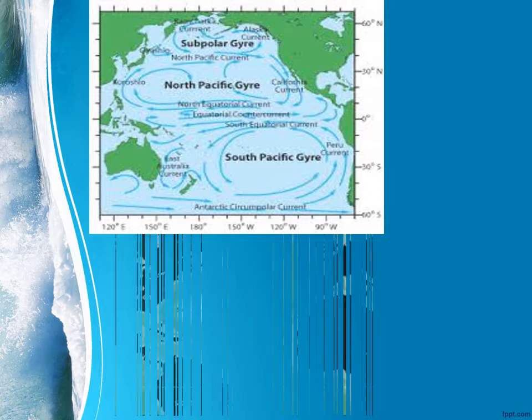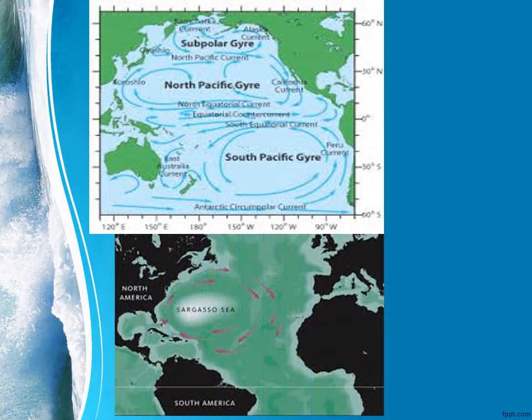The Sargasso Sea in the Atlantic Ocean is such an example. It is marked by the circular patterns of ocean currents. It does not have land boundaries and is only surrounded by ocean currents. It gets its name from the sargassum seaweed.